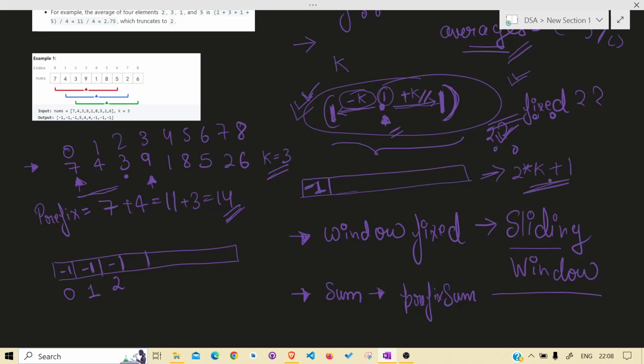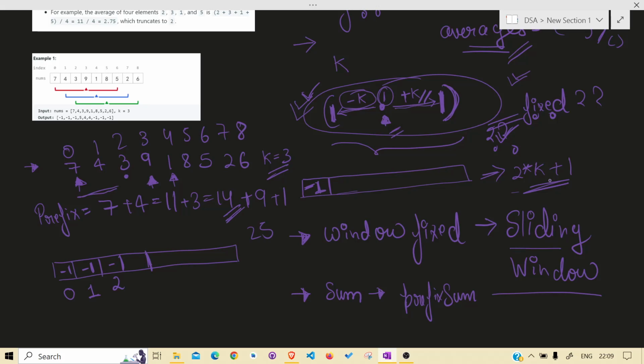So still we have to increase our window size. The window size is increased. Now we are on index 4, 9 plus 1, 10, 25.